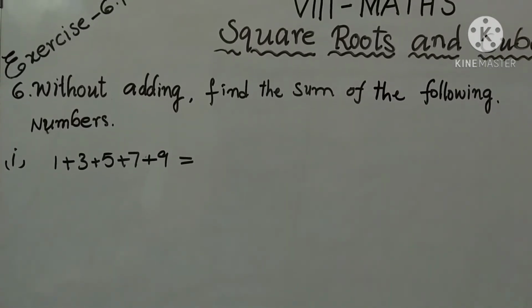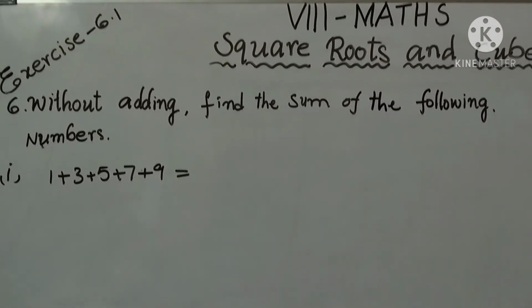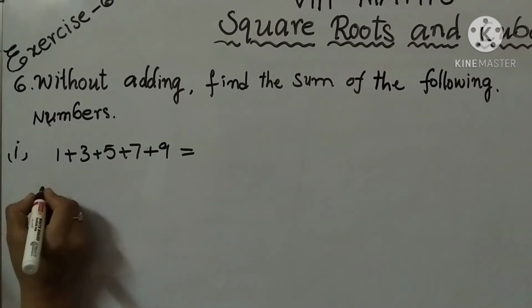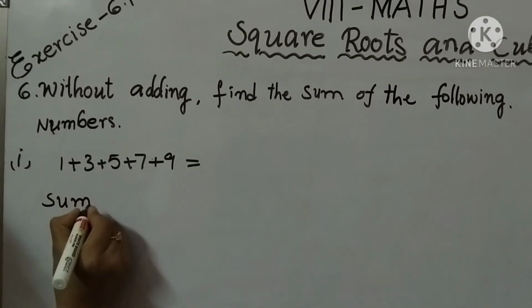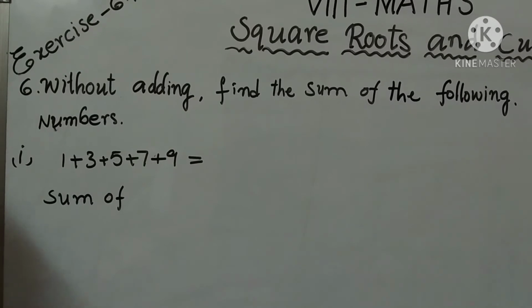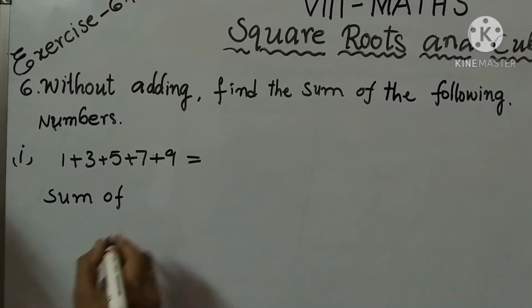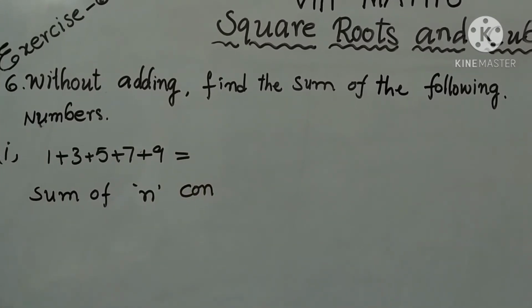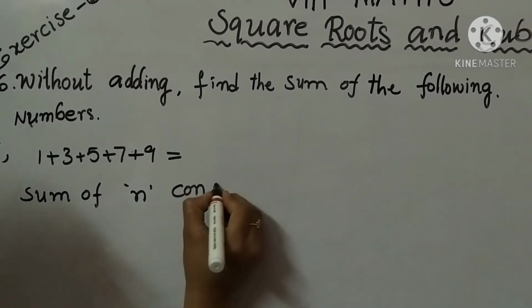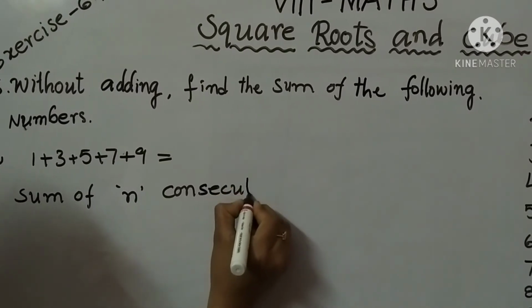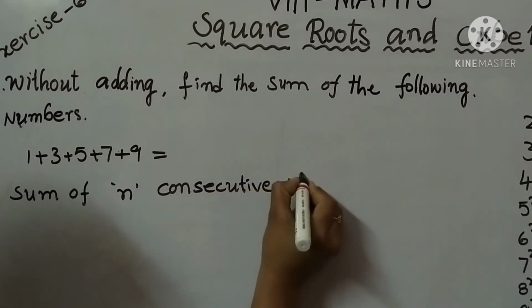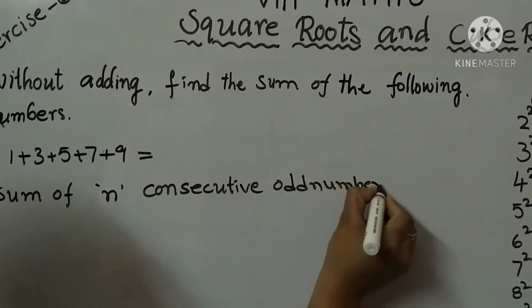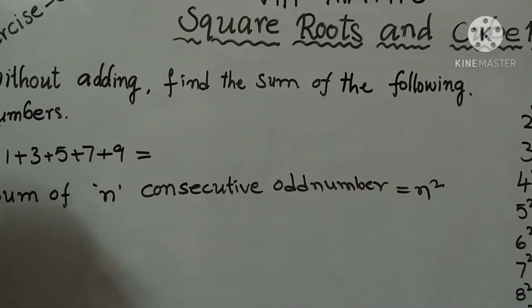We already learned one formula in the introduction part. The formula is: sum of n consecutive odd numbers equals n square.